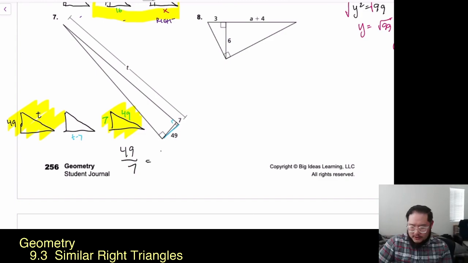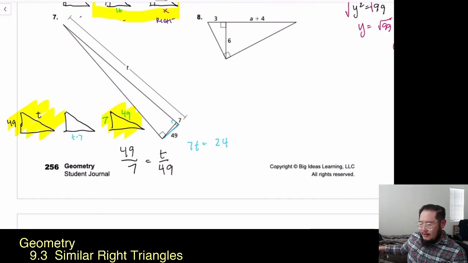And right here, we don't have 2 variables, we just have 1. So let's cross multiply and let's solve things out. I've got 7t is equal to 49 times 49, which ends up being 2,400 and, let me double check right here. 49 times 49, 2,401.